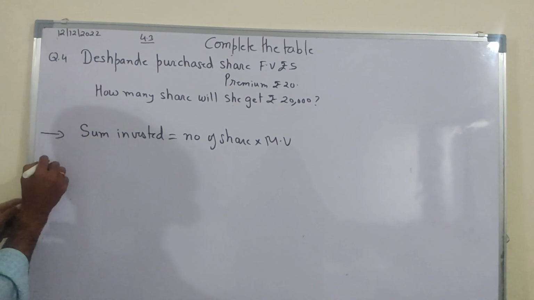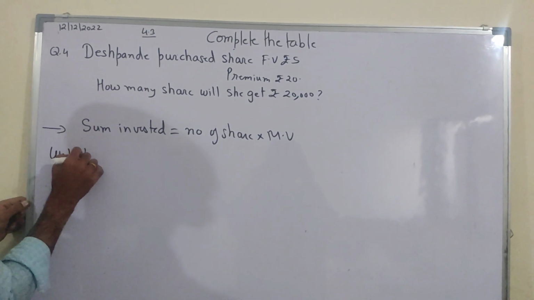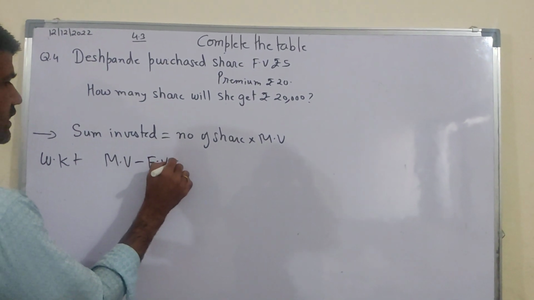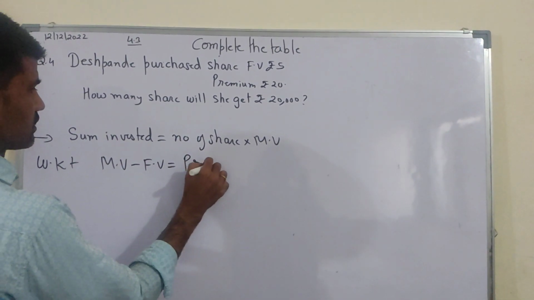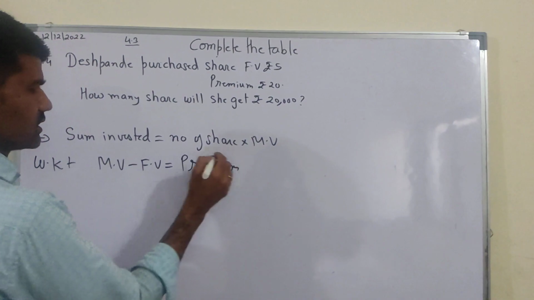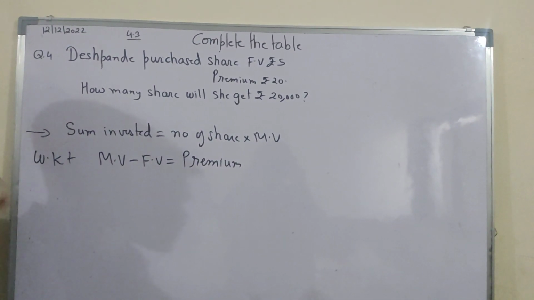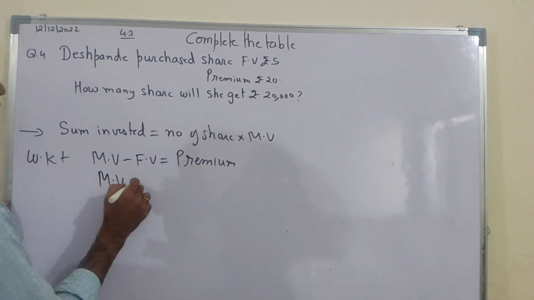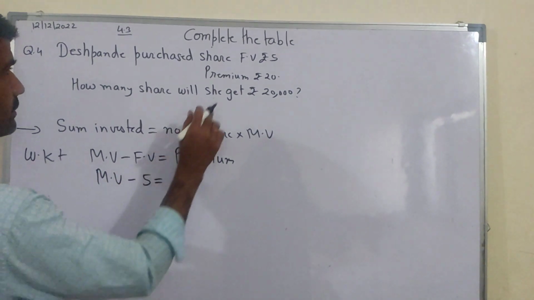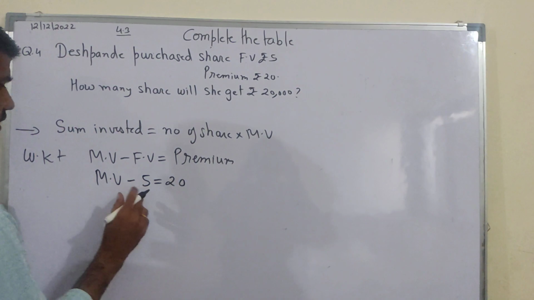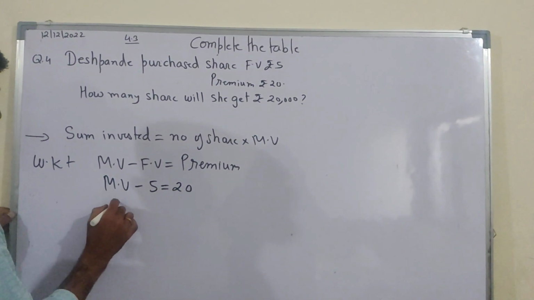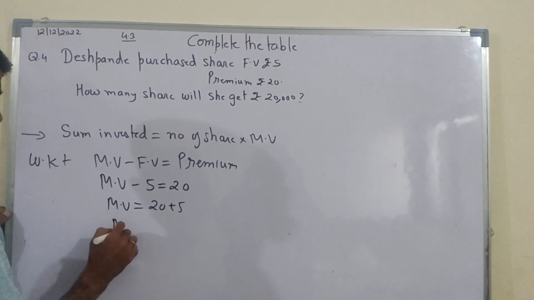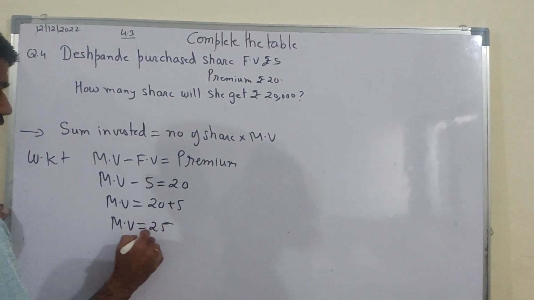Again, we know that market value minus face value equals premium. This is one more formula which is in my mind. Market value we don't know. Face value is 5. Premium is given, 20. Minus becomes plus. Market value equals 20 plus 5. Market value equals 25.